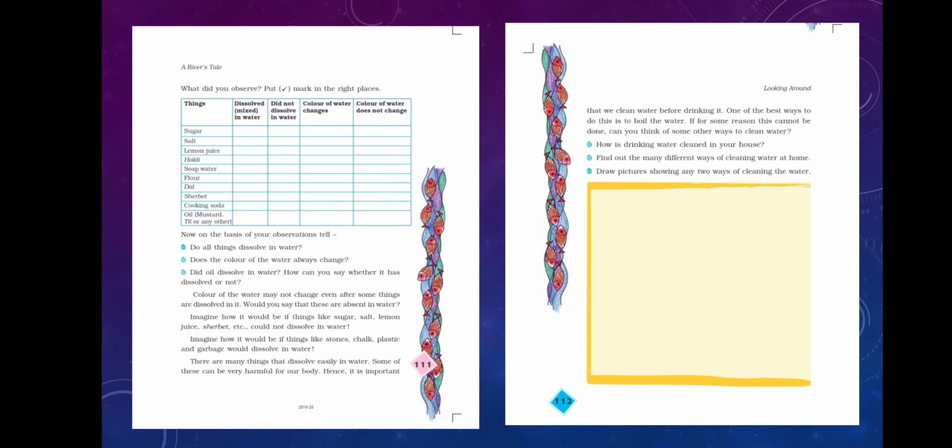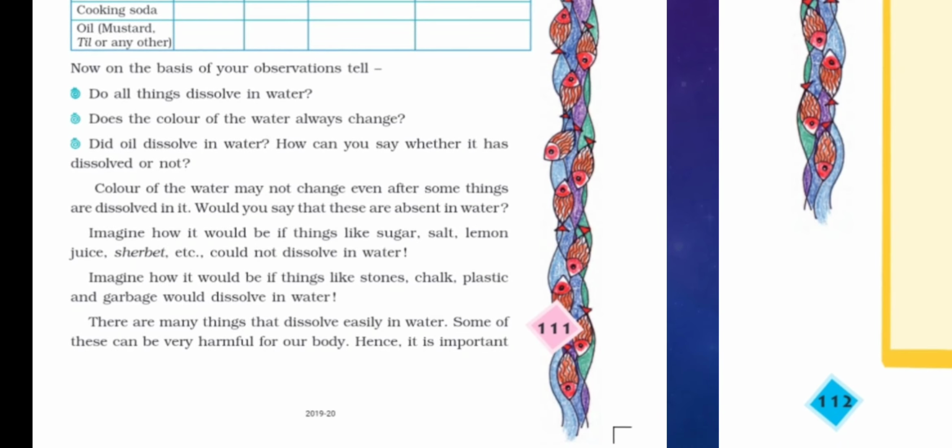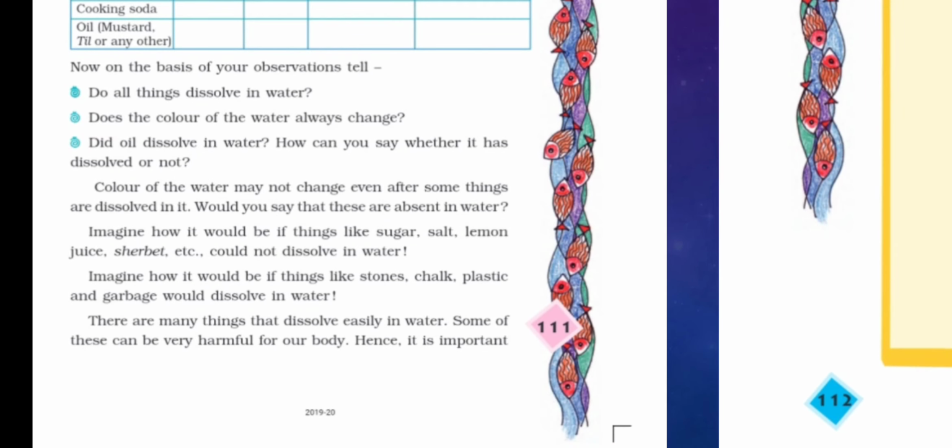Here are some questions given. The color of the water may not change even after something is dissolved in it. Would you say that these are absent in water? Imagine how it would be if the sugar, salt, lemon juice, sharbat, etc. could not dissolve in water.